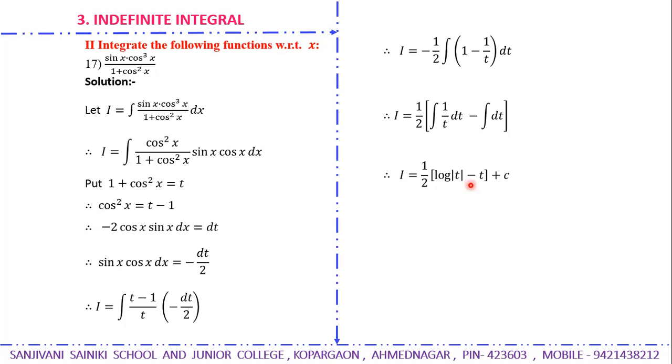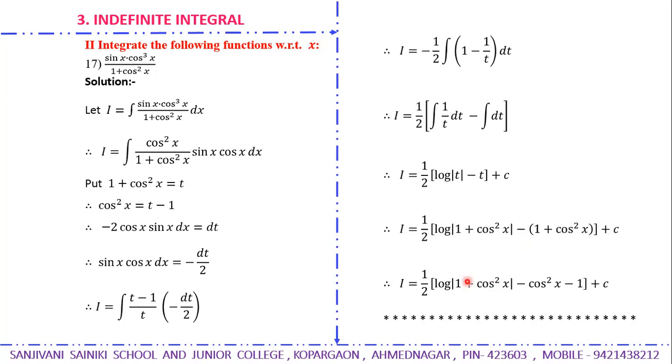But what is t? t is 1 plus cos square x. So 1 upon 2 log of modulus of 1 plus cos square x minus 1 plus cos square x plus c. We can write it as I is equal to 1 upon 2 log of modulus of 1 plus cos square x minus cos square x minus 1 plus c. This is the integral of the given function.